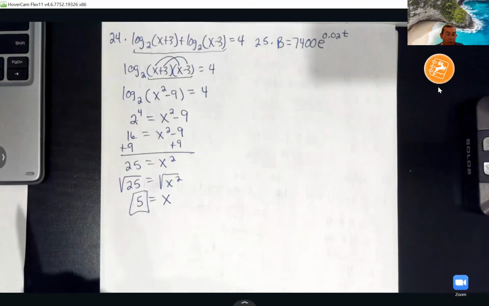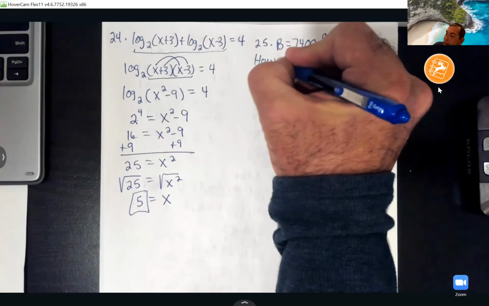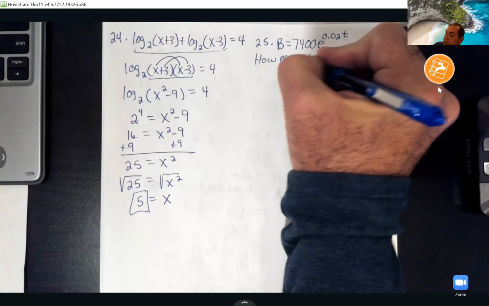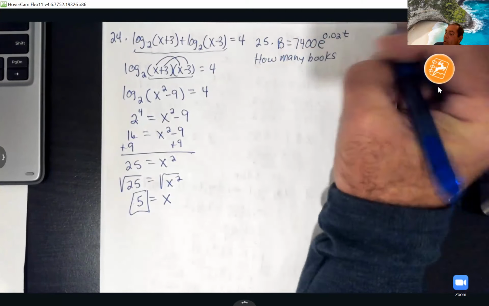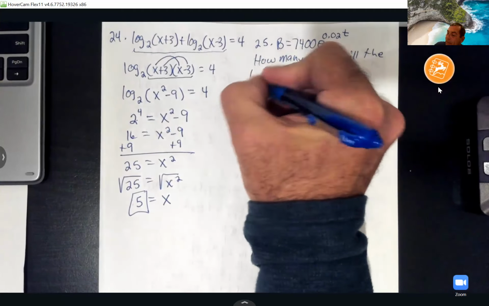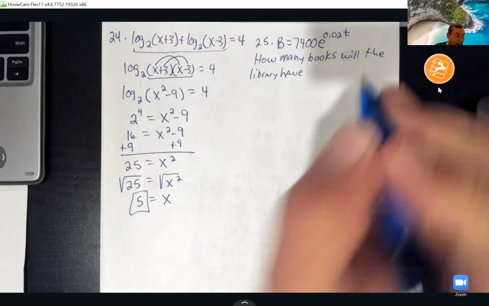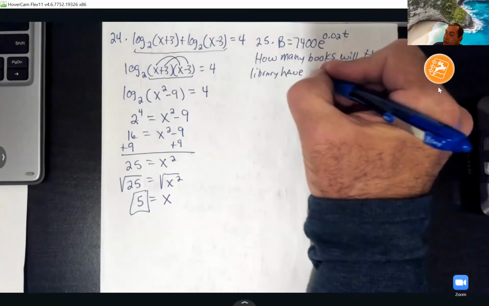So how many books would a library have after 3 years?